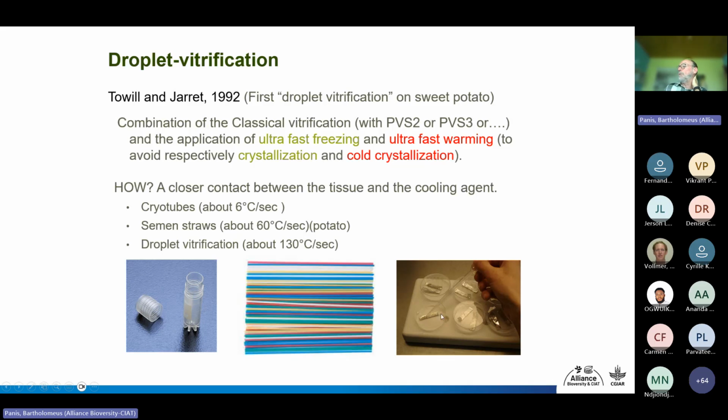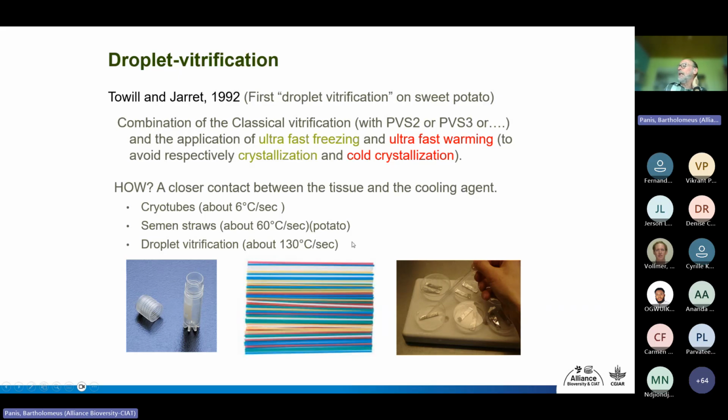So instead of enclosing the meristems or the tissue that you want to cryopreserve in a cryotube, we put it on a piece of aluminium foil and we plunge the aluminium foil in liquid nitrogen. The cooling rate there is about 130 degrees Celsius per minute.